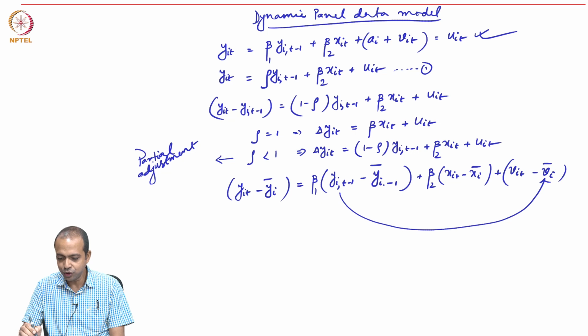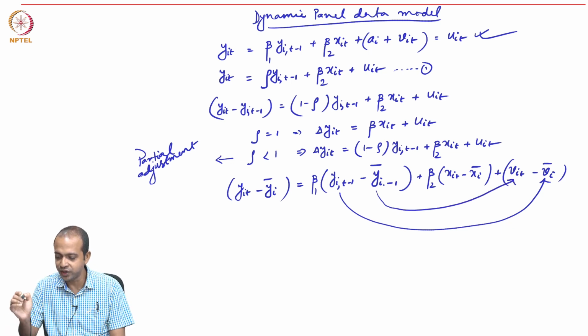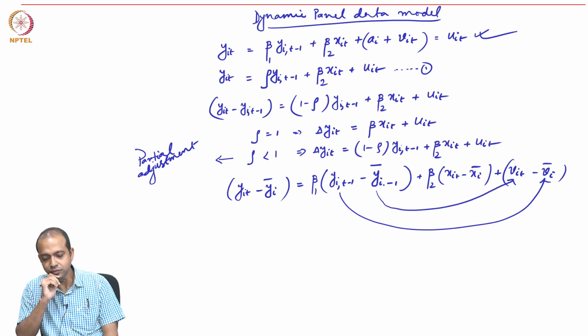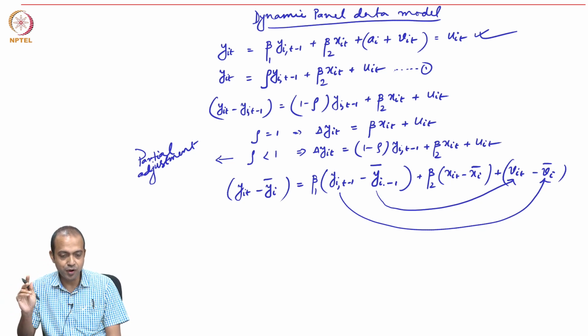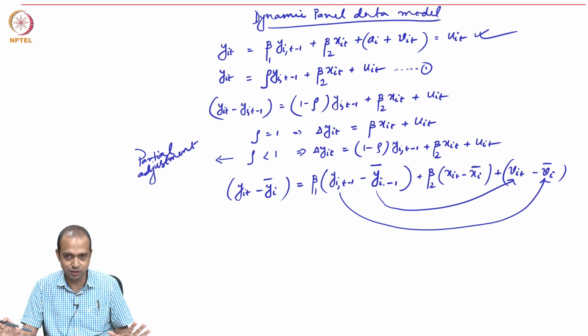Similarly, y_i,minus 1 bar includes y_it, and that itself will get correlated with v_it. So the fixed effect transformation cannot rule out the correlation between these two. That is why it is not applicable.